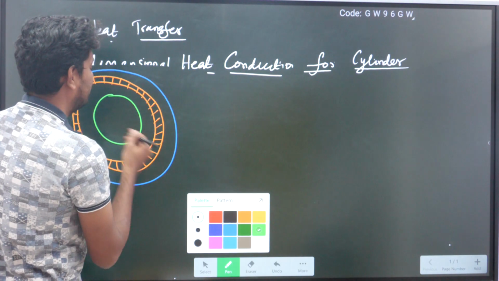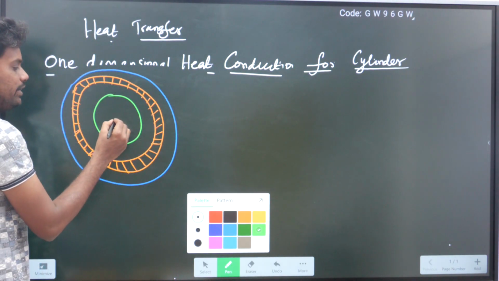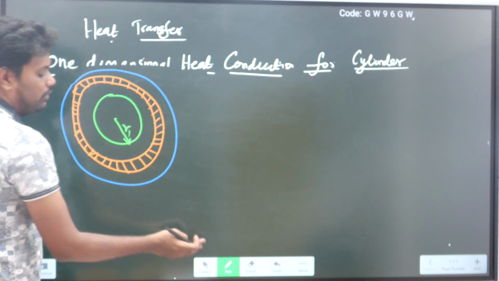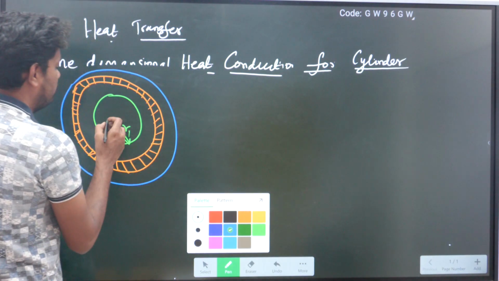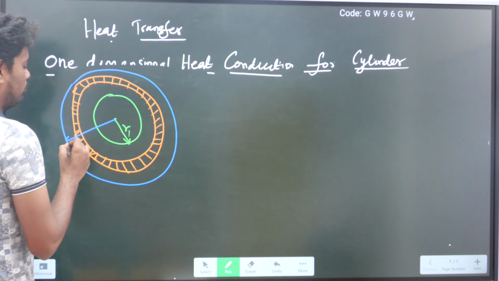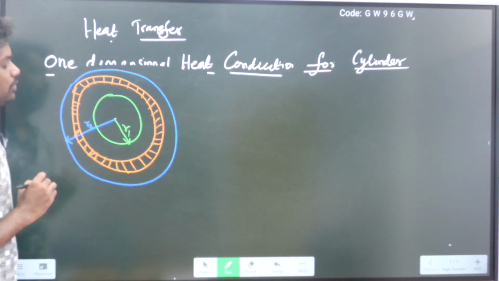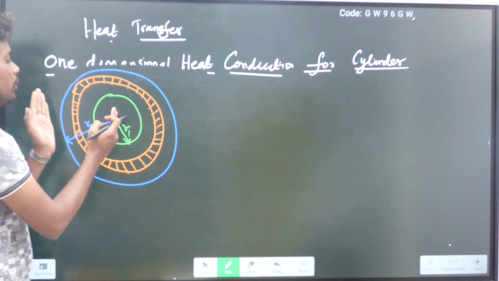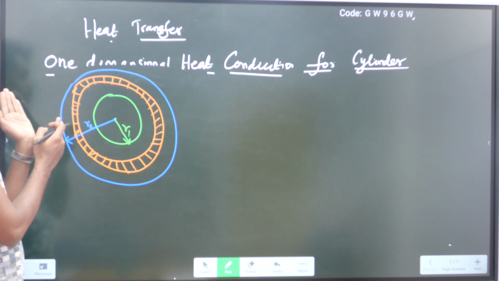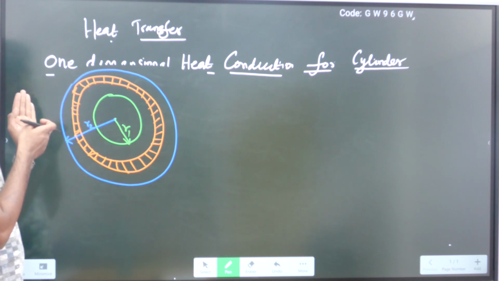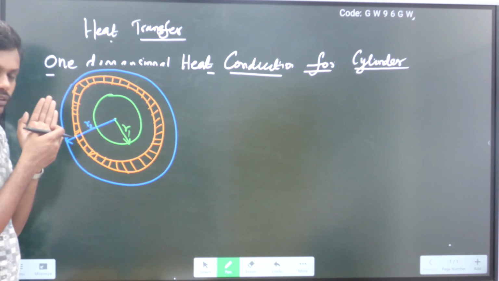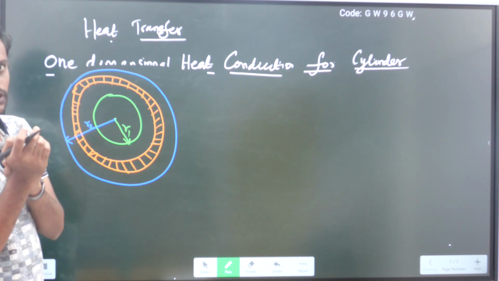Now let us consider the cylinder which has two radius. First one is, this is R1, and the second one is, this is R2. Okay. So suppose if the heat is here, the center point, from here the heat will travel to here, this from inner side to outer side. How the heat is transferring, I want to know. What is the heat conduction equation for this cylinder? We need to find out.